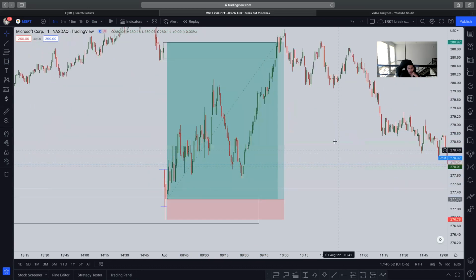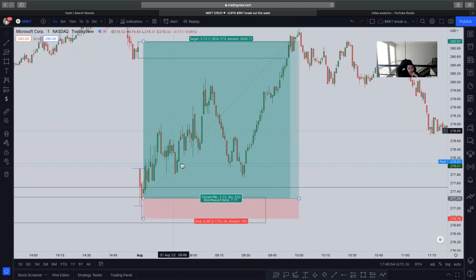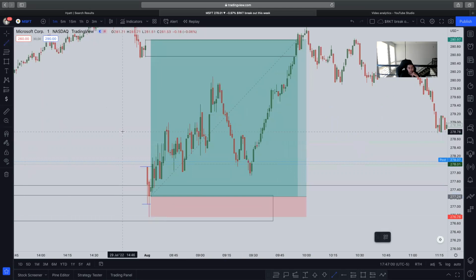All throughout here, you'll see price chopped up and came all the way back down. You can take partials as it goes up. Let's say right here you're up 25%, 30%, good, take some profits. Price comes back down, you can enter more calls if you want. You can sell your position, take a re-entry.